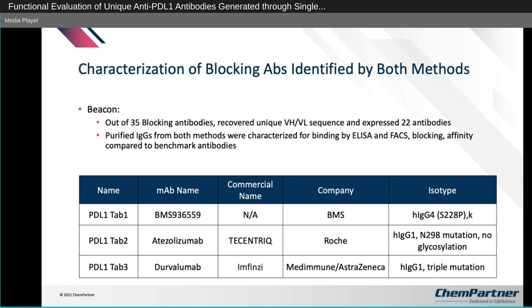We also purified a good set of antibodies from the hybridoma approach as well, and both sets of purified antibodies were later characterized for binding by ELISA and by phage, as well as blocking by ELISA, and affinity measurements were done. The data was also compared against the benchmark antibodies listed below, and I will be showing you some of the data in the next couple of slides.